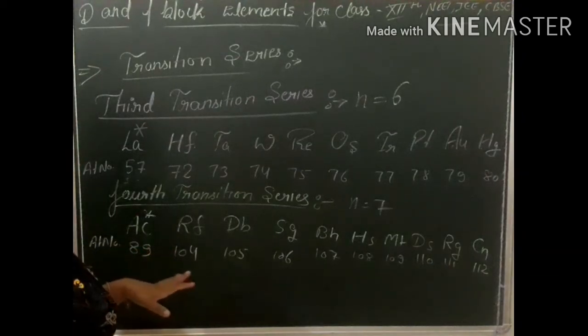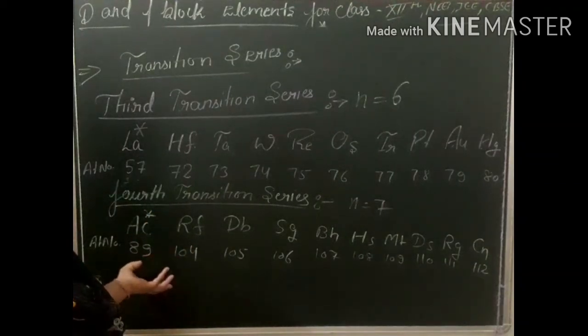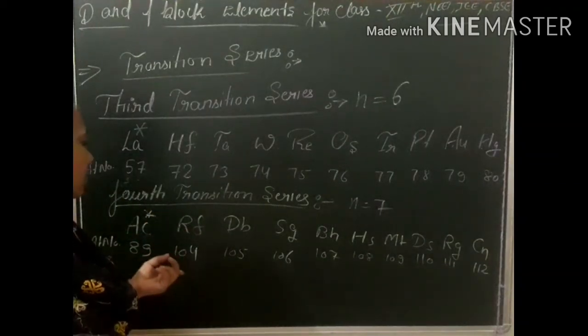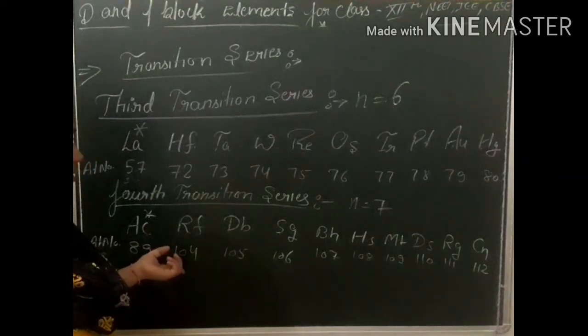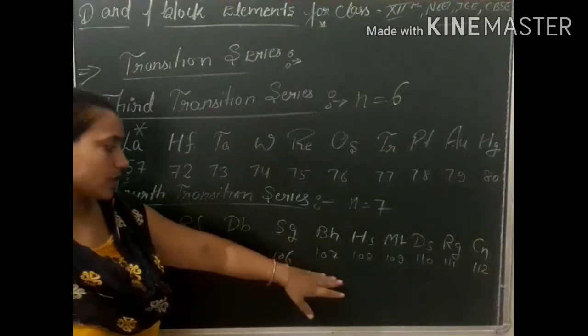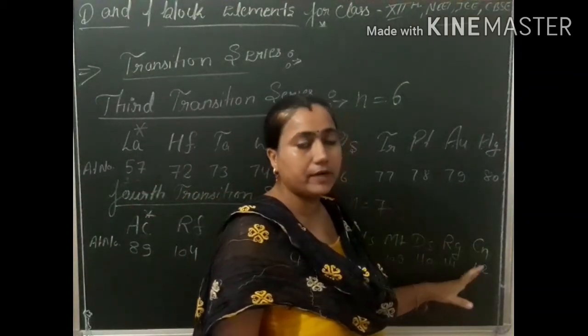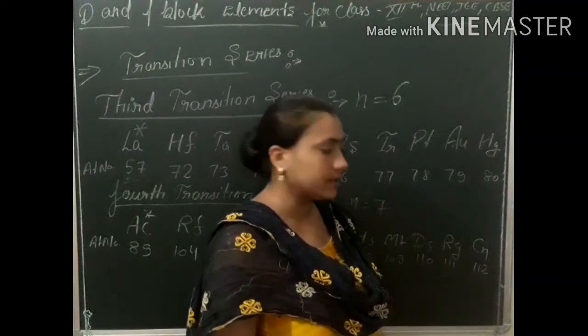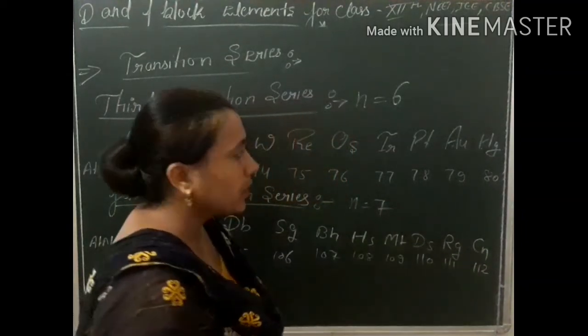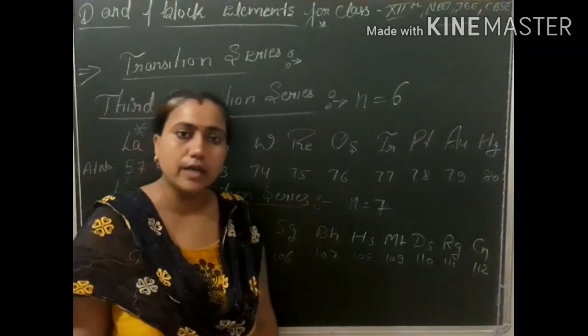The atomic numbers start from 89, and between actinium and rutherfordium there are the 14 elements of the F block. So the atomic number of rutherfordium is 104, and it goes up to copernicium, 112. Now this is the introduction of the D and F block elements.